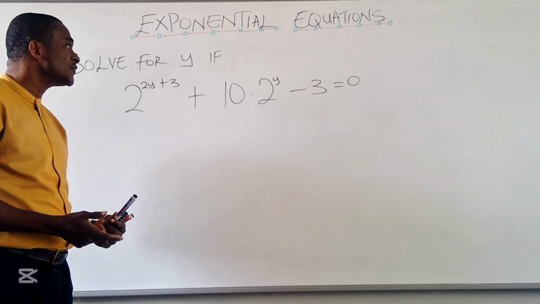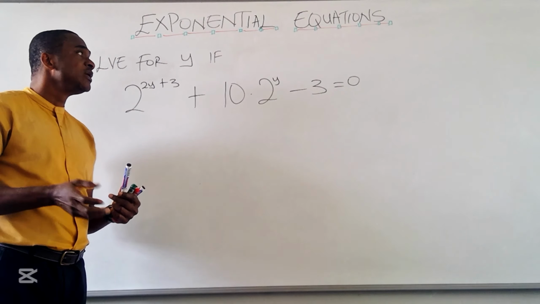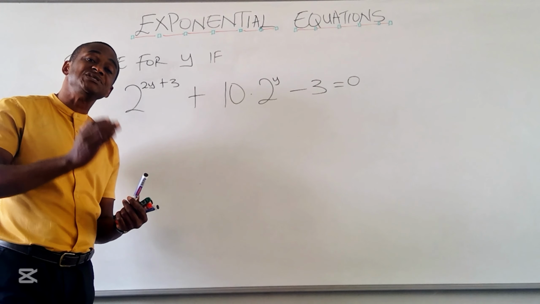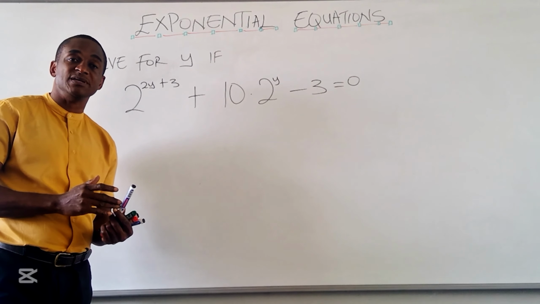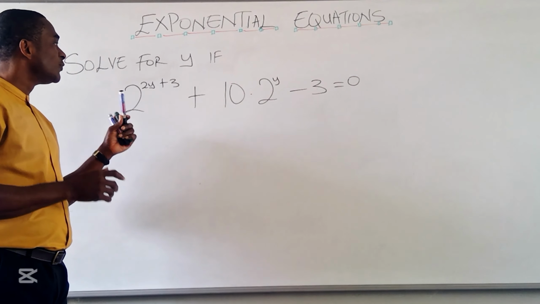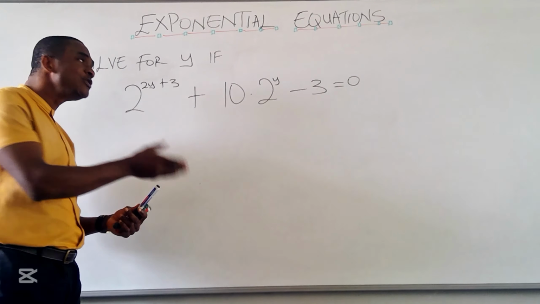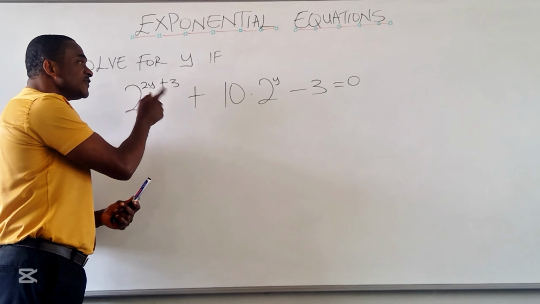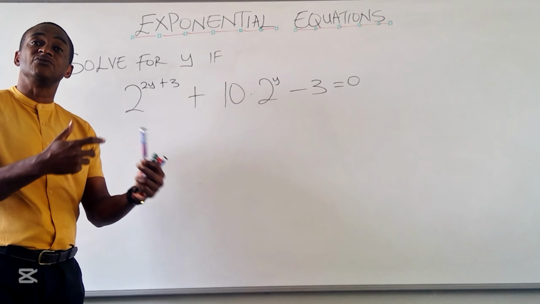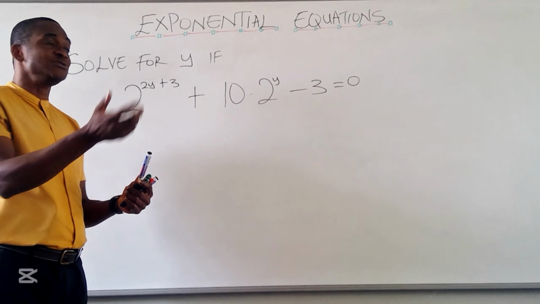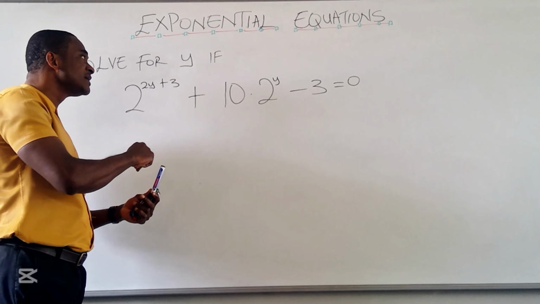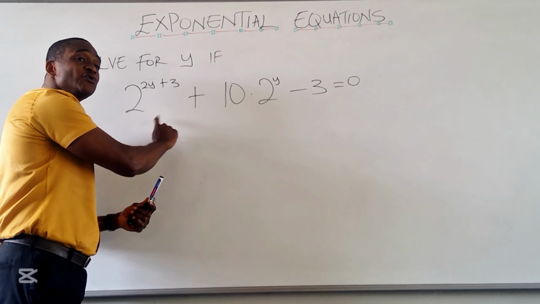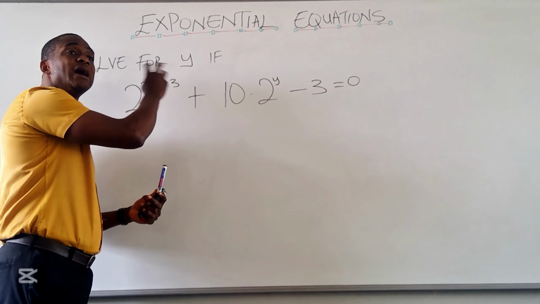So what do we do? In terms of exponents, remember the idea is always to take it back to the lowest possible base. If we have this, we can ask ourselves, how did we arrive at this? The laws of exponents says if you have two bases with different exponents, add them together.